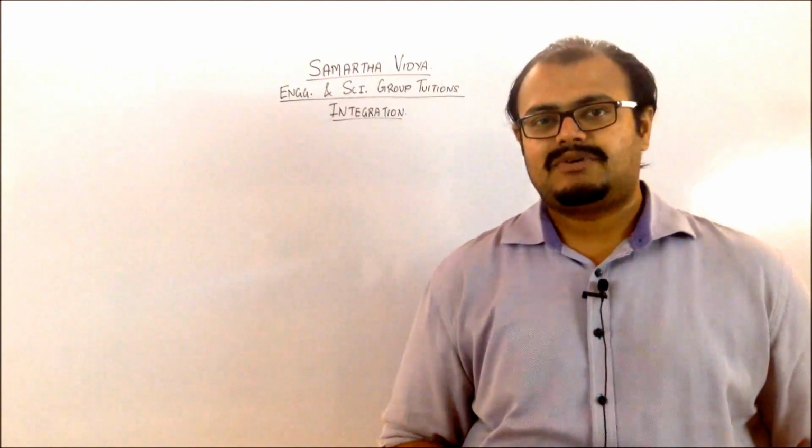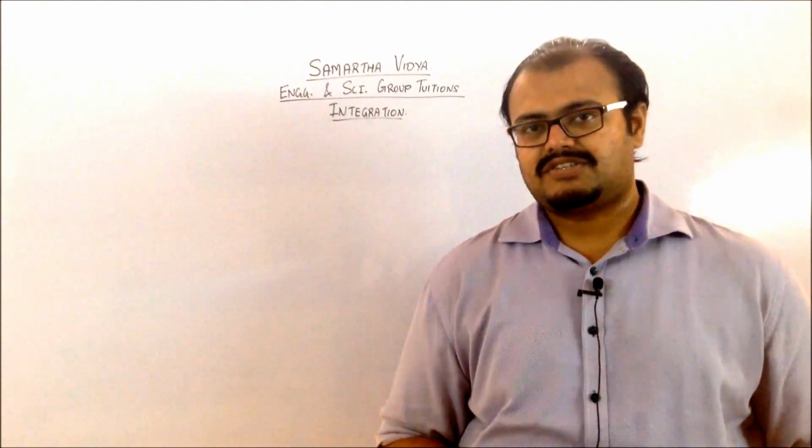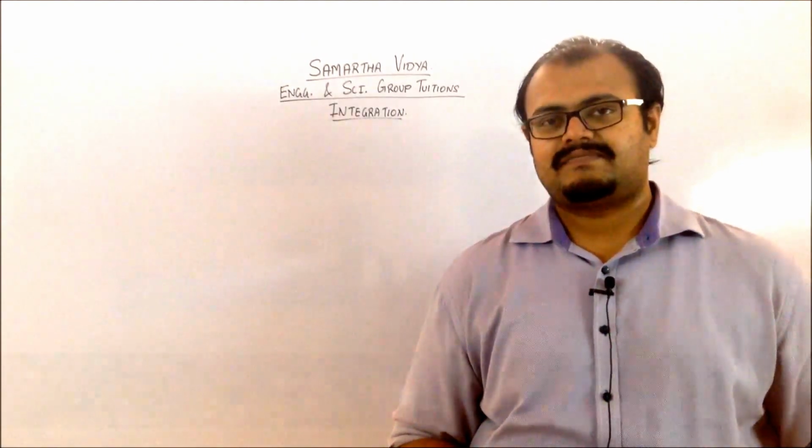And the second key point is that after substitution, the original variable should not be present in your integration. That means if you have a function of x and you are substituting it in terms of t, then your new integration should be only in terms of t.